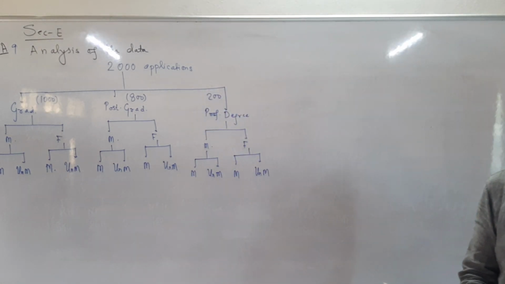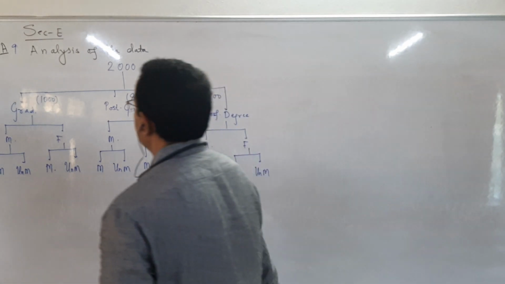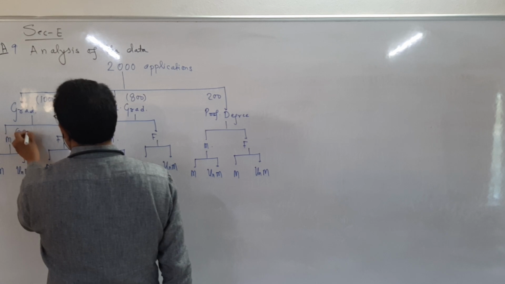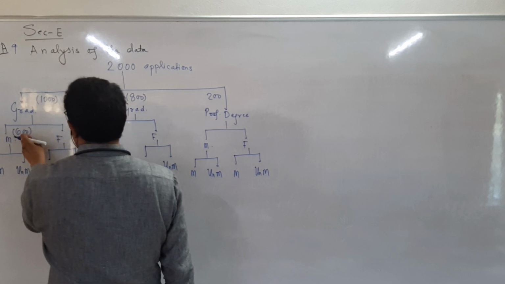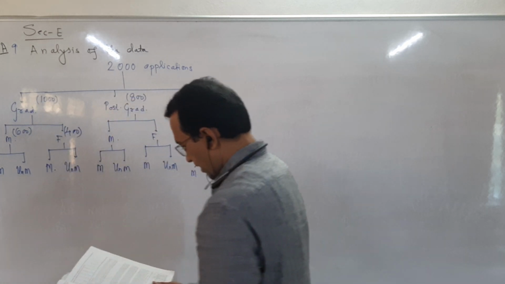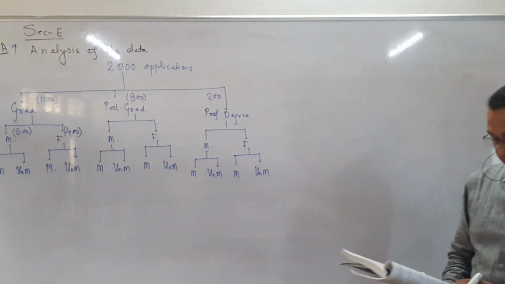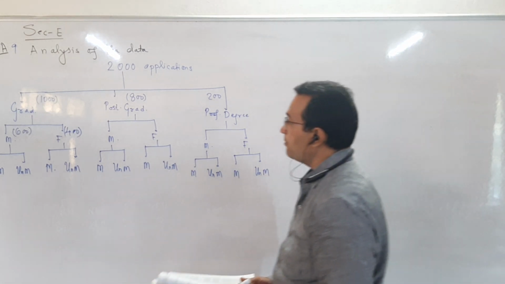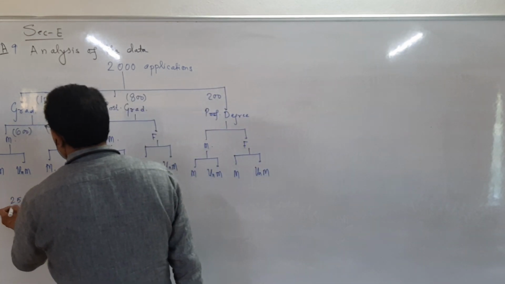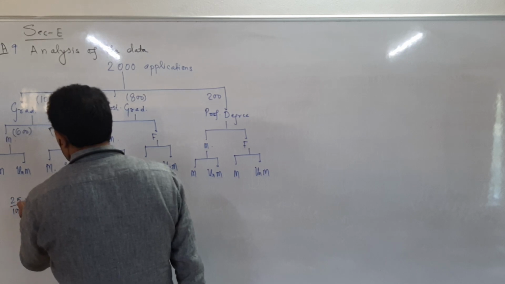Now among the graduates, 60% were males. So 60% of 1000 is 600. 1000 minus 600, 400 will be females. And of the males, 25% were married. So what is 25% of 600?